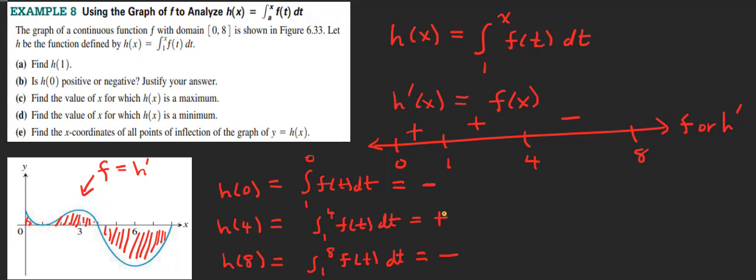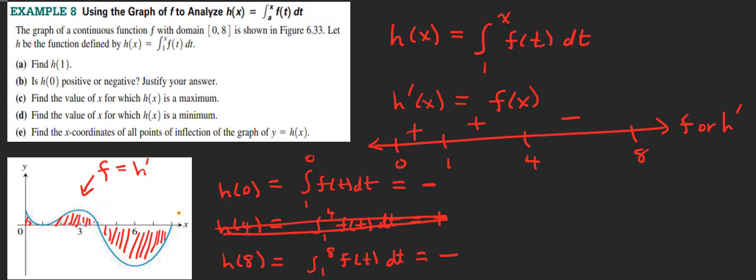So we know that it could only occur at the endpoint. So we can reject h of 4. We don't have to worry about h of 4 when we find the minimum. It could either happen at h of 0 or h of 8 at the endpoints. Now, which one has a lower y value, h of 0 or h of 8?